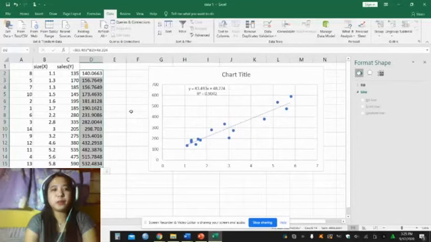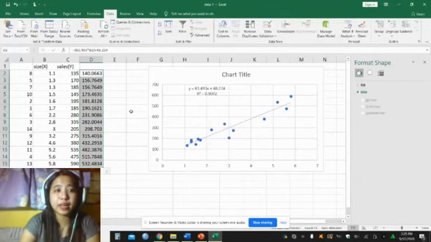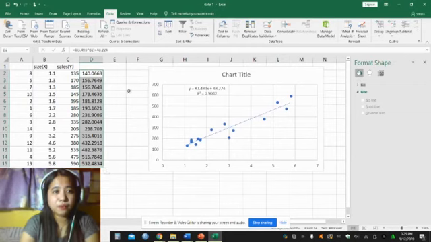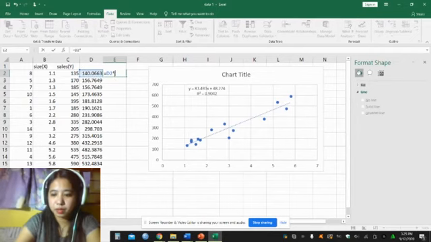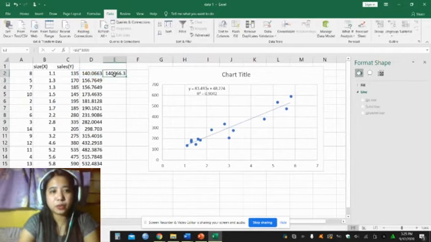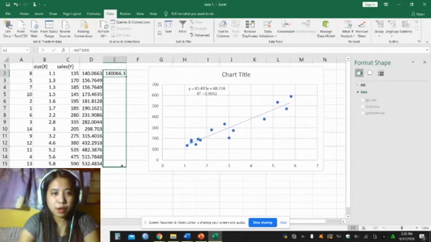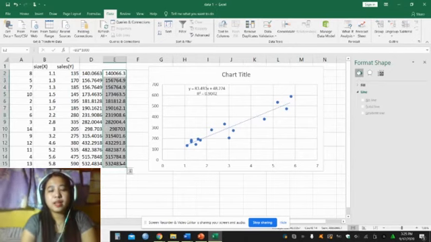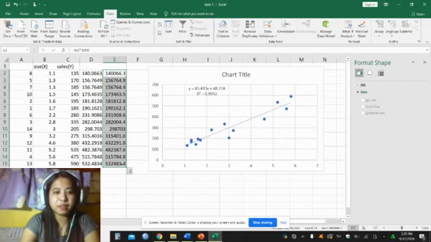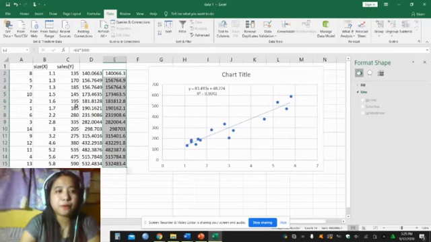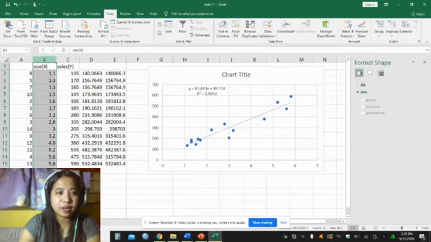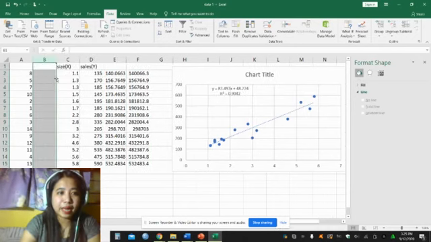So it is 140.0663. But remember, this is in thousands of pesos. If we multiply this by 1,000, the actual value is 140,066 pesos until 532,403 pesos. Our x values here will also be multiplied by 1,000.